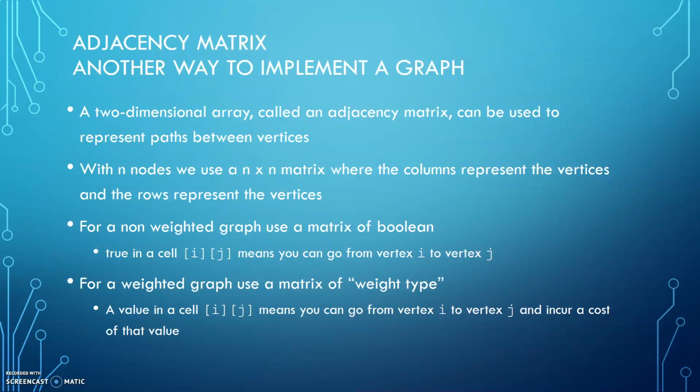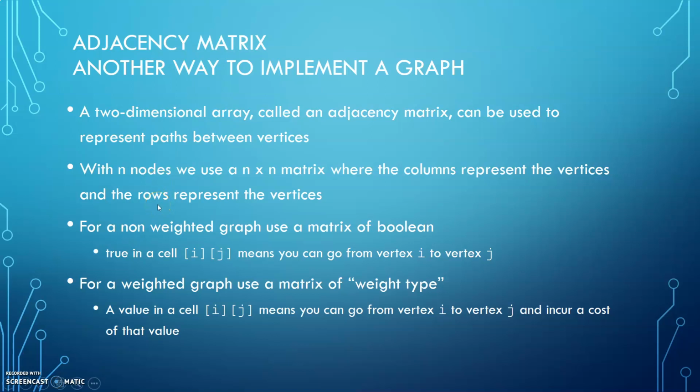Okay, so another way that we can implement a graph is to use an adjacency matrix, which is a two-dimensional array. And again, remember, two nodes are adjacent if there's an edge connecting them. So we're not talking about reachable, we're not talking about can we get to other nodes. We're talking specifically about the nodes that are adjacent to one another.